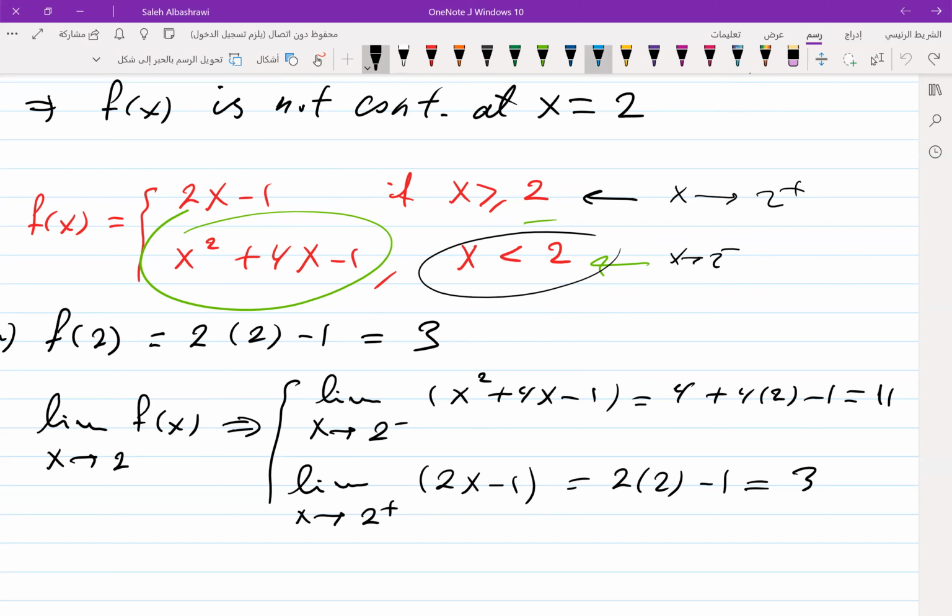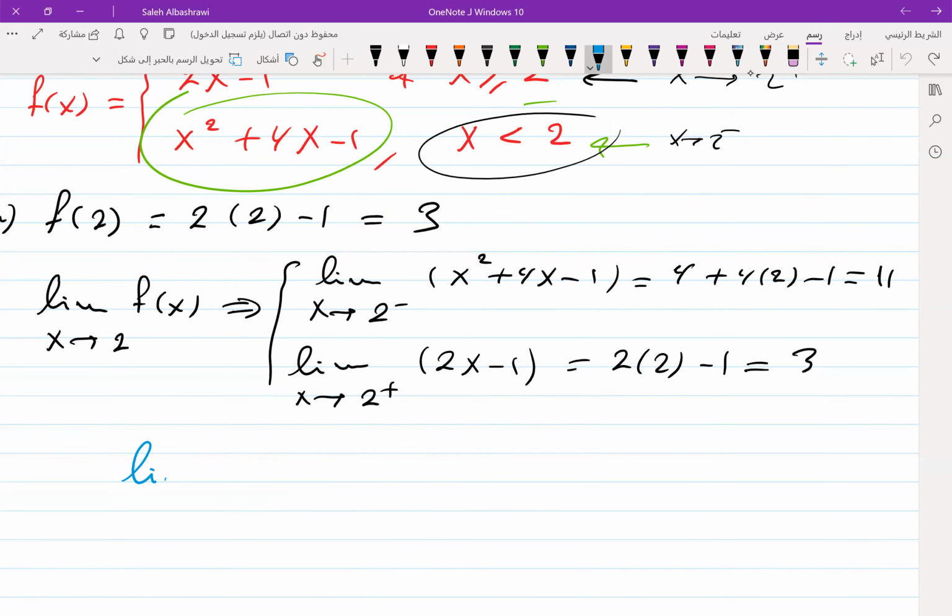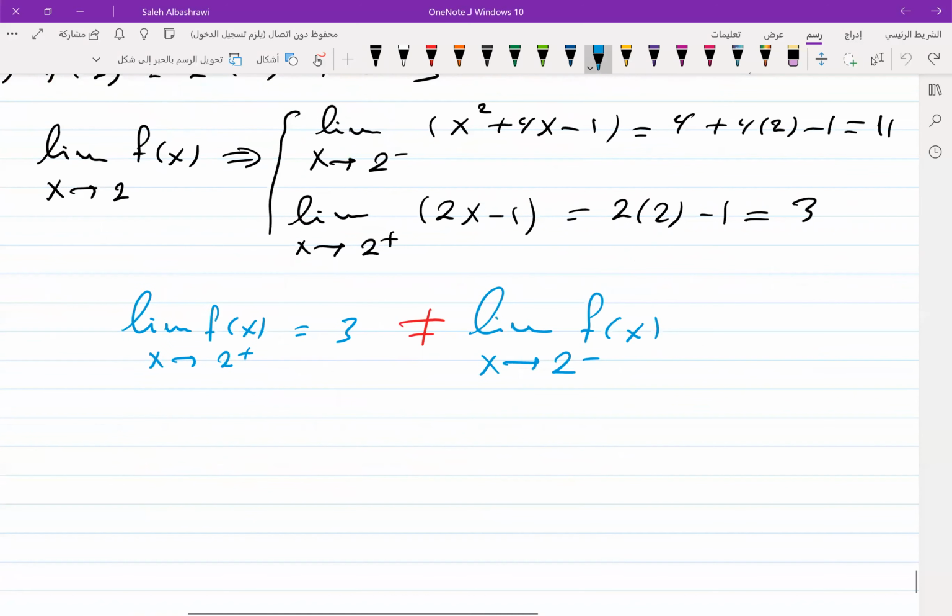Now you can see the right limit of f of x as x goes to 2 plus, which is equal to 3, is not equal to the left limit as x goes to 2 minus. This means the limit of the function as x goes to 2 does not exist.